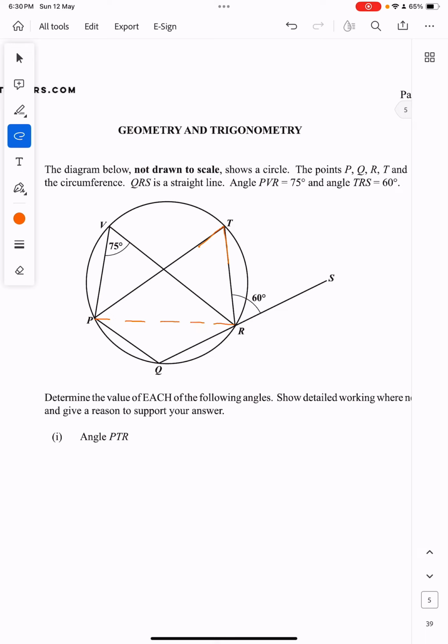So angles subtended by the same chord. So therefore here is going to be 75 degrees, right? So you would write in your answer that angle PTR is equal to angle PVR, which is equal to 75 degrees. And your reason would be that the angles are subtended by the same chord.